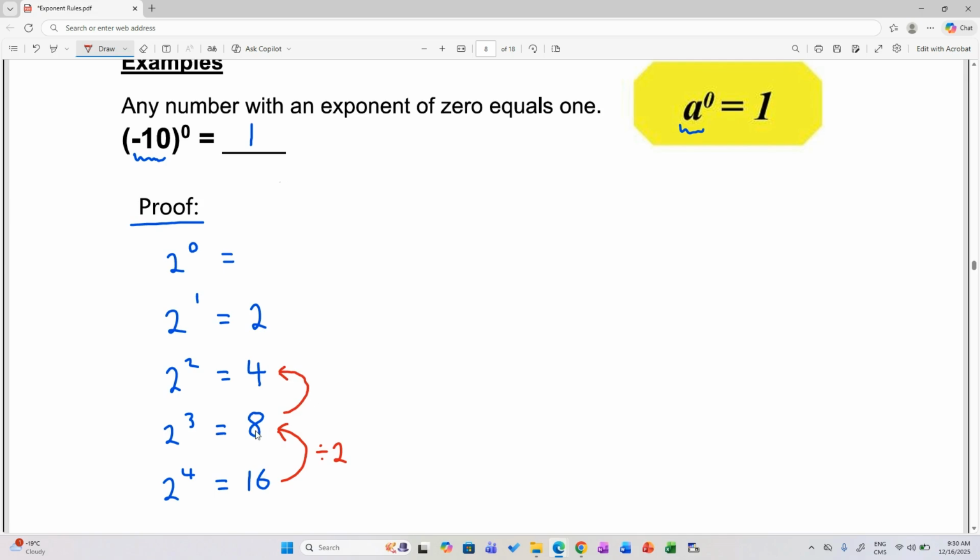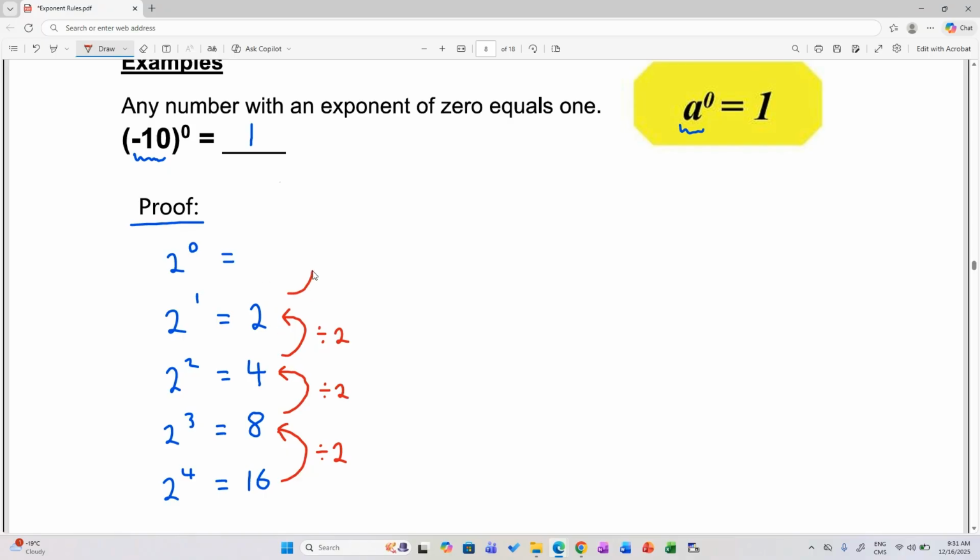What number could I divide 8 by for it to become 4? And the answer is 2. So notice the pattern here. I'm just going to keep dividing by 2. Let's look at my other case here. If I divide 4 by 2, would I get 2? Yes. Okay. So the pattern is still consistent. If I divide by 2, I get the previous number from before.